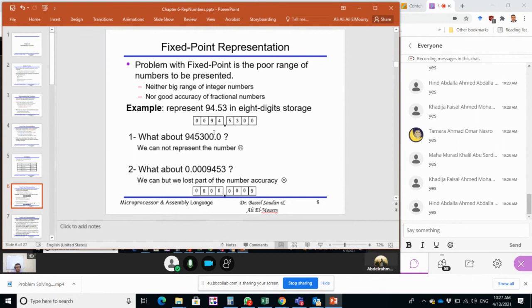Of course, in the computer system we know that we cannot store anything except binary. But to make it easier to explain the concept of real number representation, whether fixed point or floating point, I will use decimal, assuming that the storage in the computer system can carry decimal numbers.